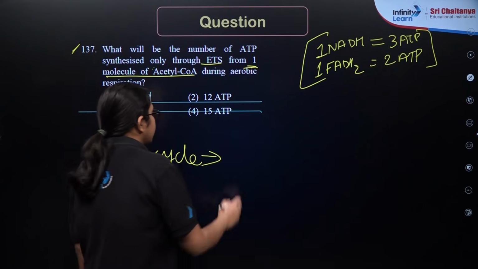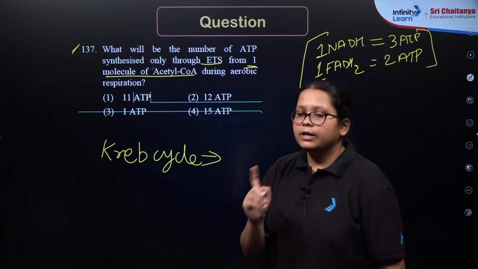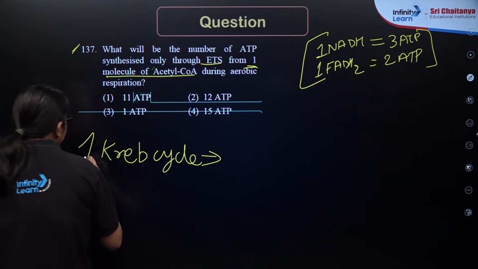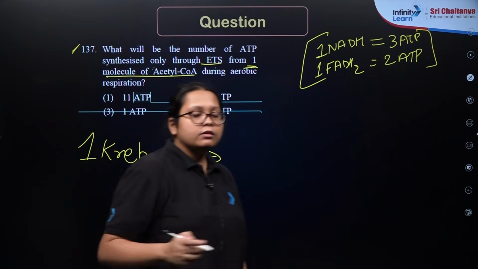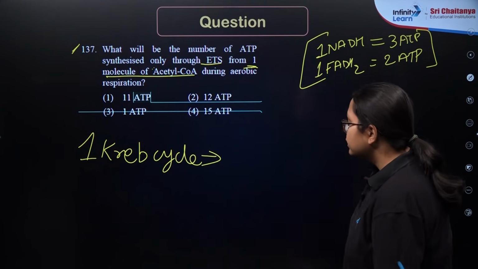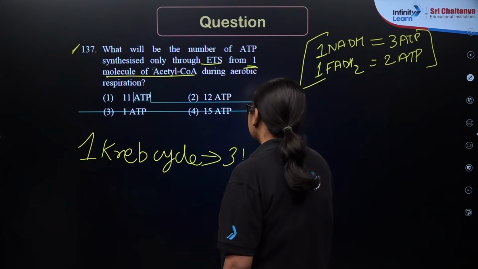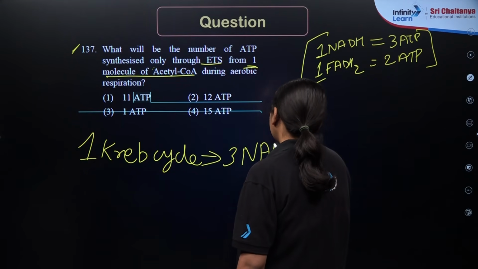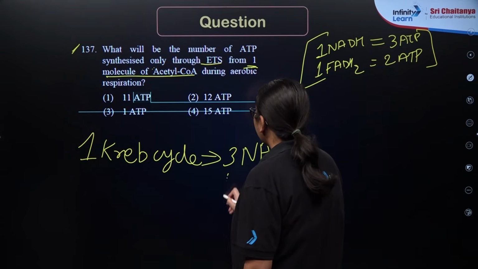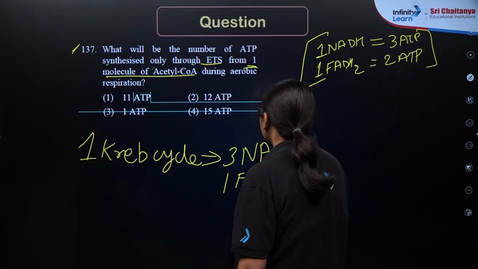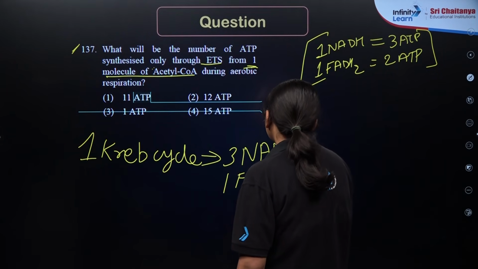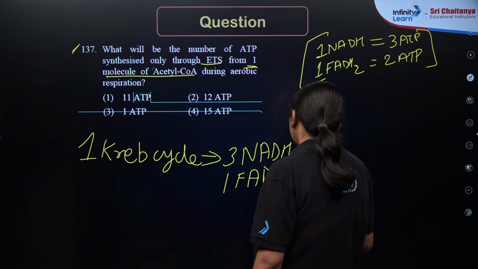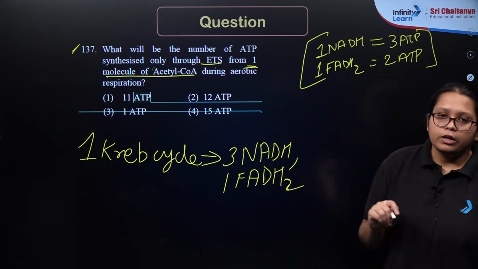When one acetyl-CoA is completely oxidized in the Krebs cycle, how many NADH are formed? 3 NADH and 1 FADH2. You can refer to the Krebs cycle chart in your NCERT. Okay, 3 NADH and 1 FADH2.